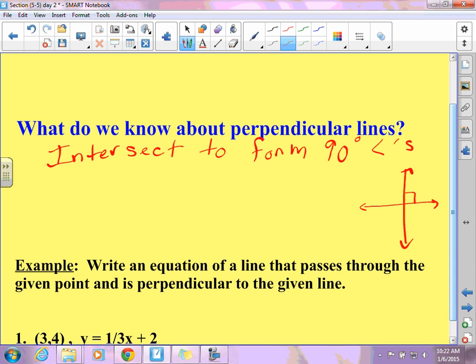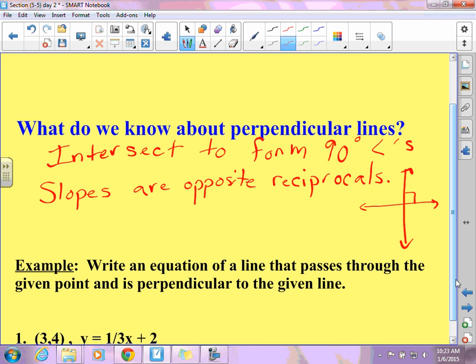Their slopes are opposite reciprocals. In elementary school, you would say there are 2 lines that form an X, because in elementary school, that was good enough.